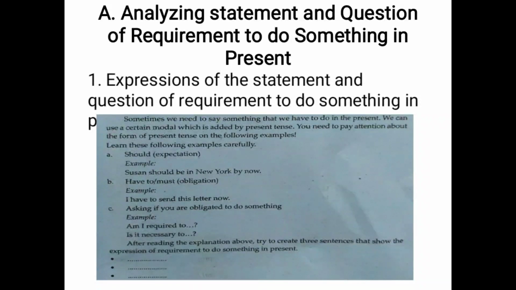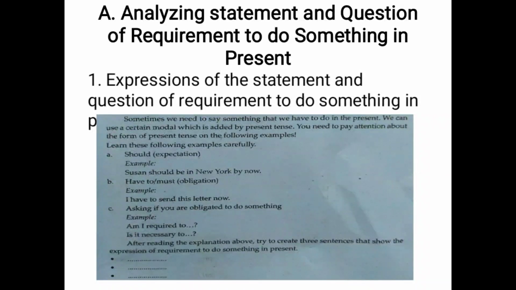For the second example, have to or must. It is obligation. Example, I have to send this letter now. C, asking if you are obligated to do something. Example, am I required to...? Is it necessary to...?